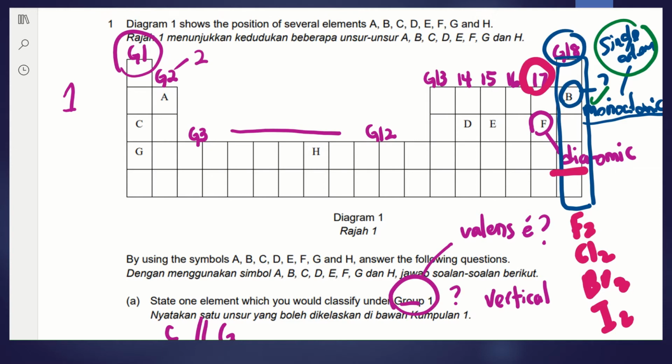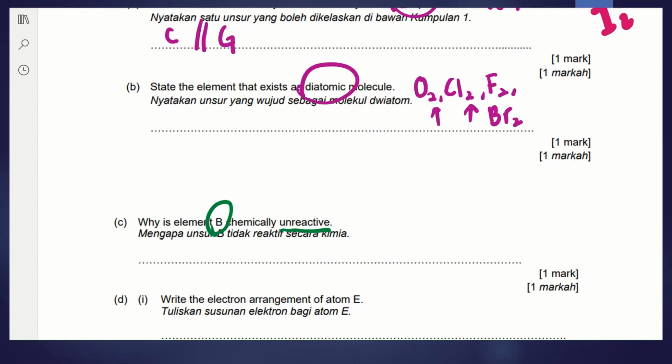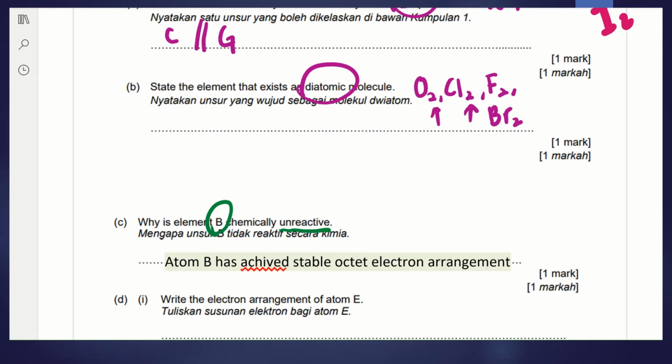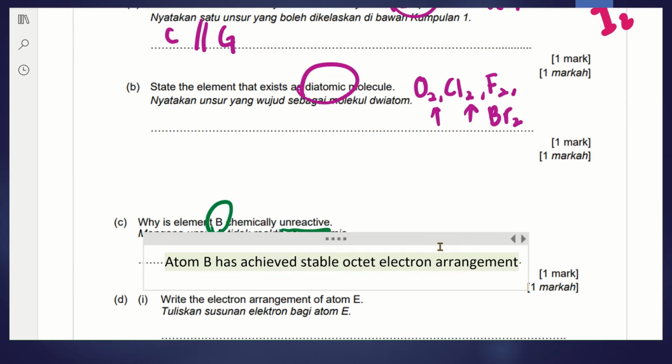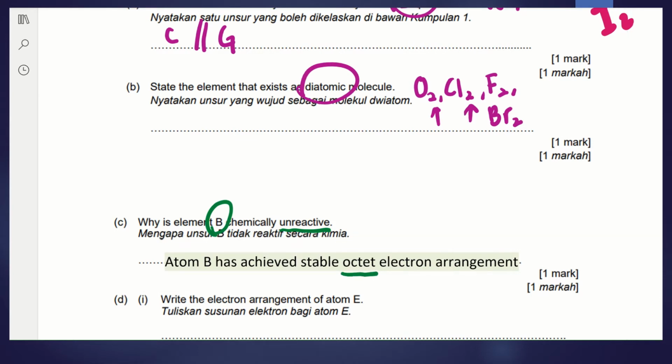So why are atoms in group 18 unreactive? The reason is atom B has achieved stable octet electron arrangement.